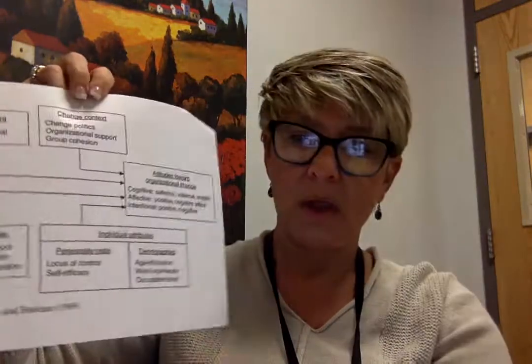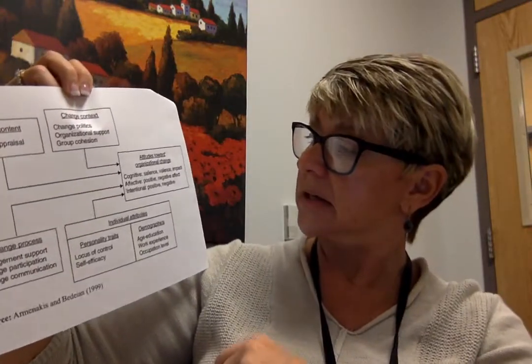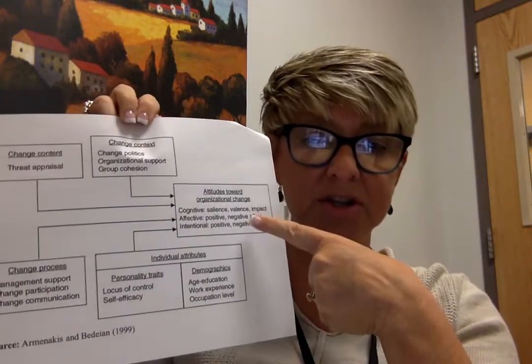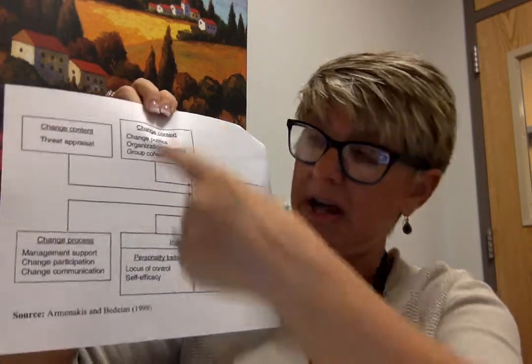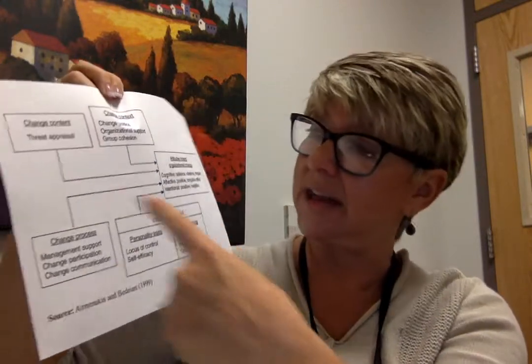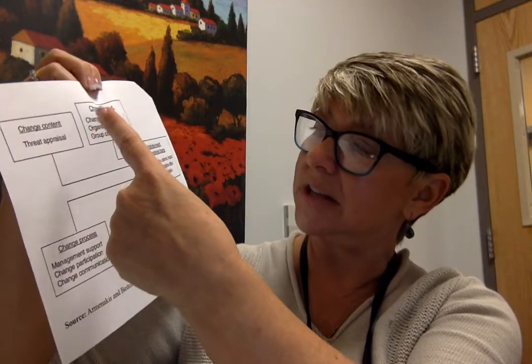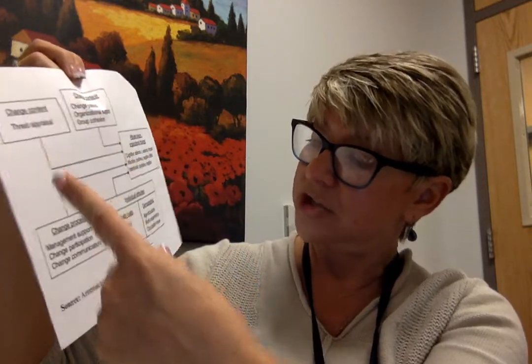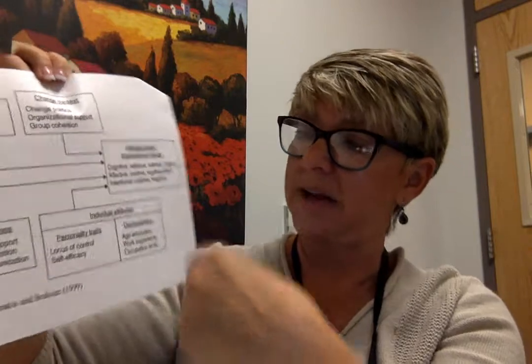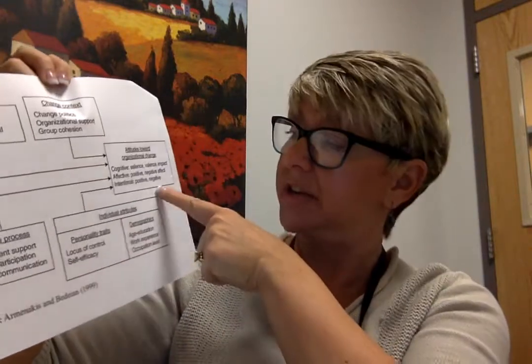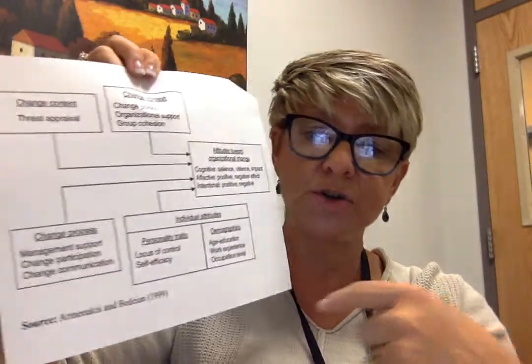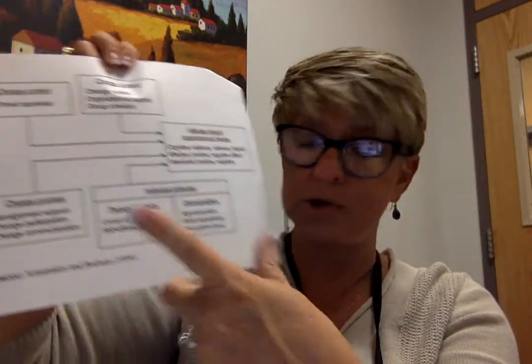This one is looking at how attitudes change in an organization, and it just shows the different components needed to get there: change content, change process, individual attributes, the things that need to change to get an attitude change within an organization. So those are three different examples of some of the different formats that you might want to use.